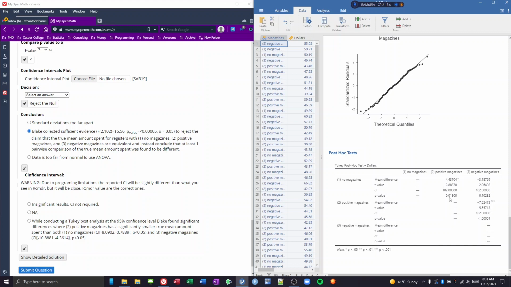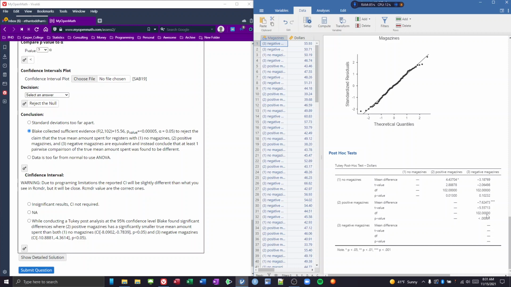So we see a difference there. But between no magazines and negative magazines, our p-value is greater than alpha, so we didn't find significant differences. Finally, if we look at positive magazines and compare it to negative magazines, we see that we have another significant result. The problem with this table, though, is that it doesn't tell you by how much.